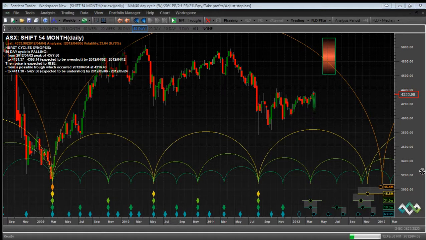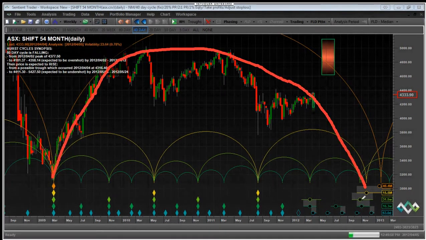If it was perfect, it would be more like that line that I've drawn over there. Let me not confuse things by drawing two lines at the same time. A perfect orange semicircle would look something like that line that I've drawn there. Okay, I hope you can see that.